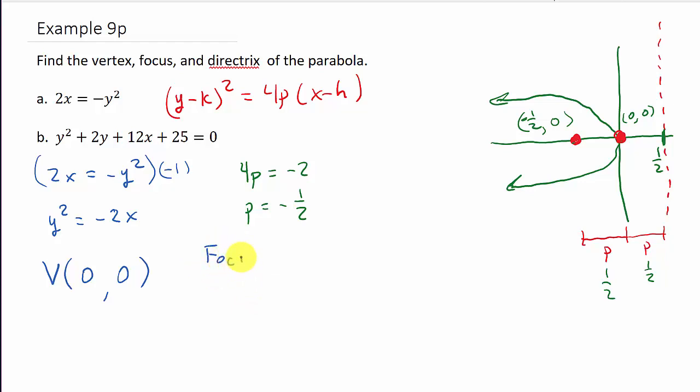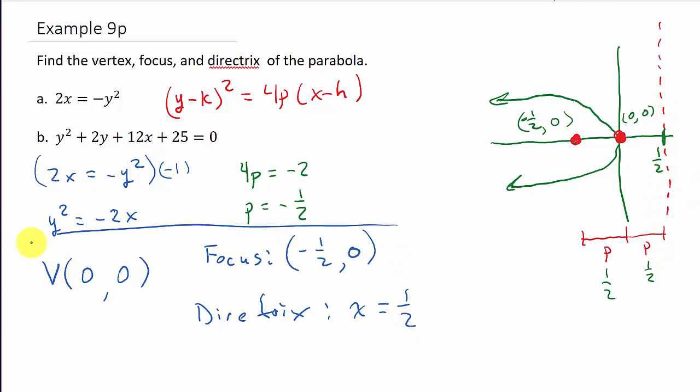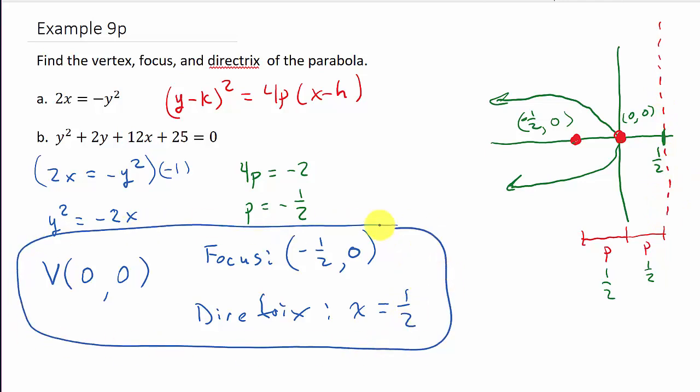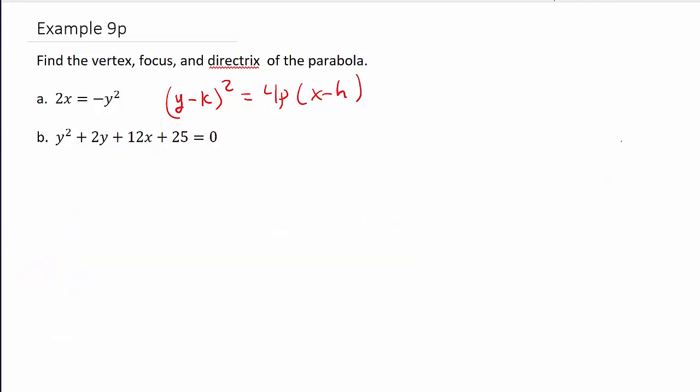The focus would be the point negative 1/2, 0. And the directrix, well, it's a vertical line. So the equation of a vertical line is x equals, and that would be going through 1/2. And so there's your solution. All right, so let's take a look at the next problem.